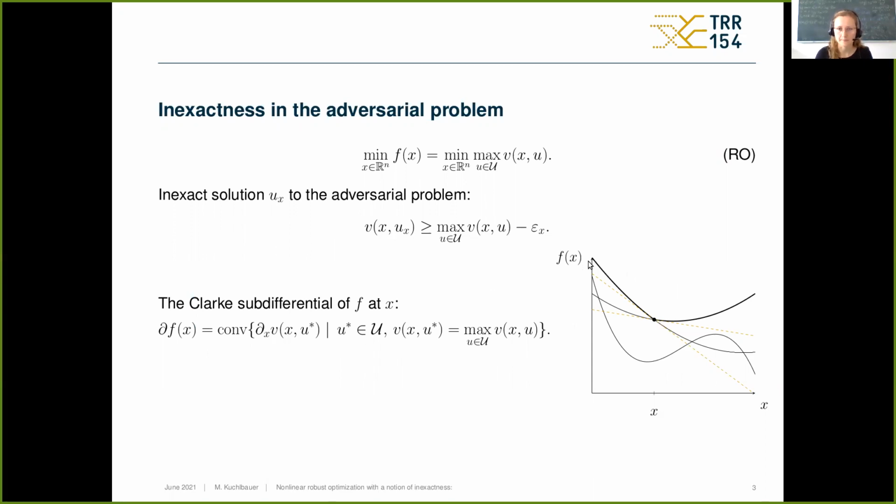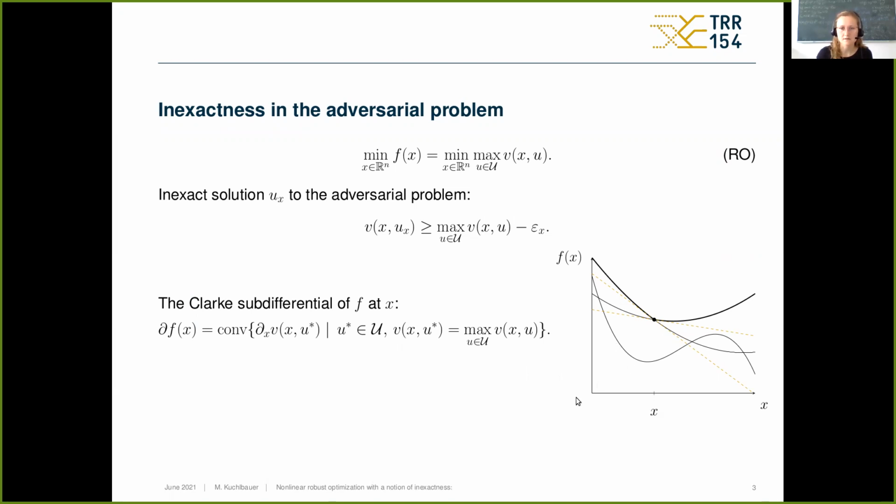The bold line here denotes the optimal value function then, the objective function f. And at this example point x, we have in this convex hull here two subgradients, namely the subgradients with respect to x for the active worst cases u. So we have the convex hull of these two yellow subgradients as the Clarke subdifferential. But in our case of inexactness, we may have access only to the worst case or the inexact worst case that corresponds to this black graph.